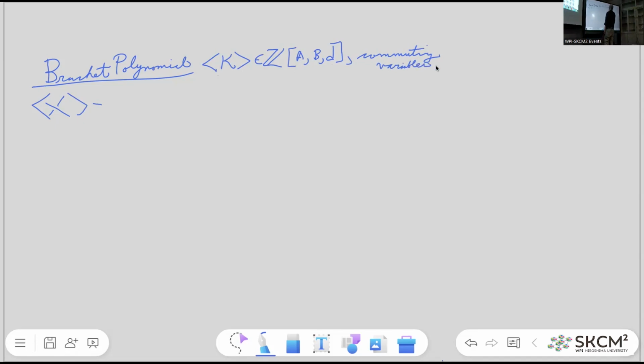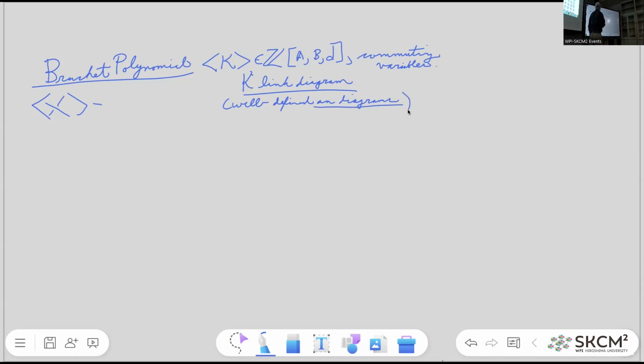This will be defined on knot diagrams or link diagrams. And we'll see that it's well defined on diagrams. And then we'll investigate what happens to it under Reidemeister moves.